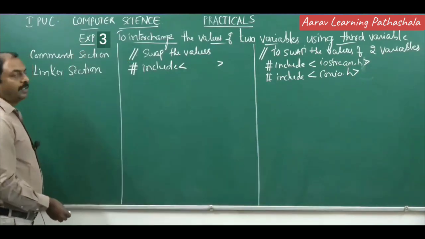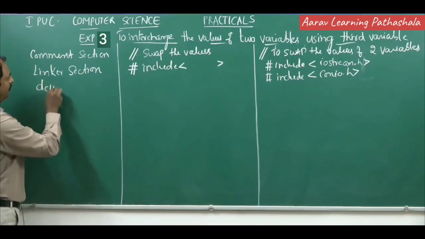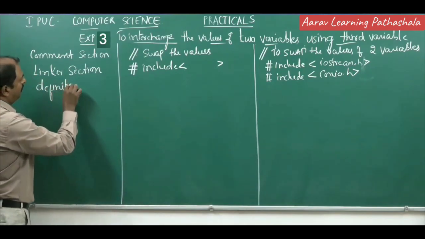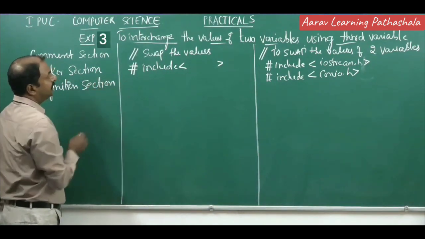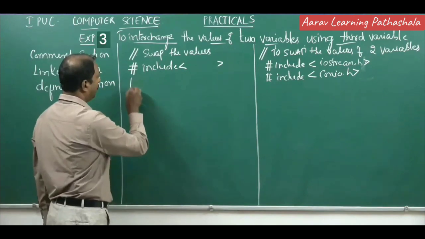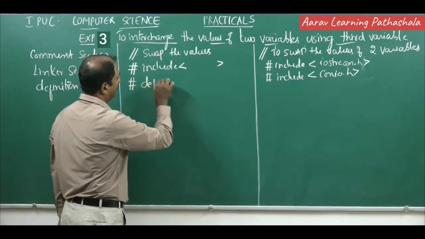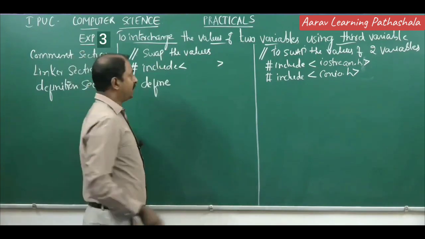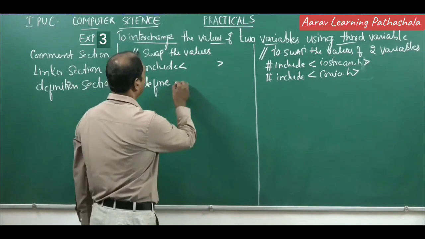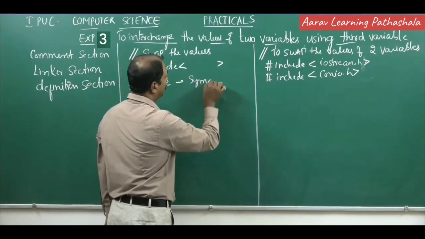Next one is the definition section. This section starts again with hash and a reserved word define, and it is used to define the symbolic constants in a program.